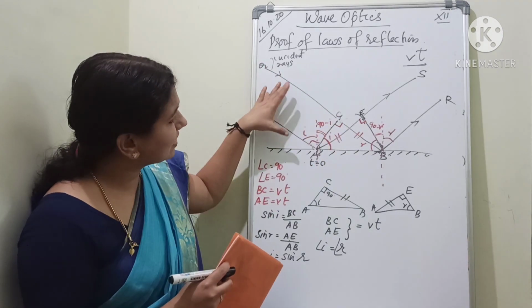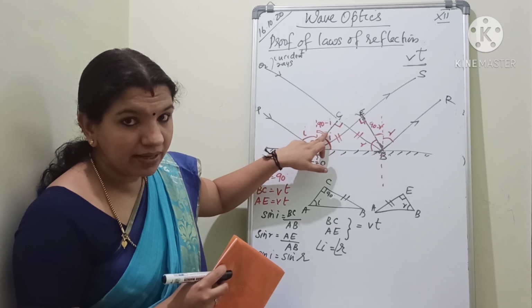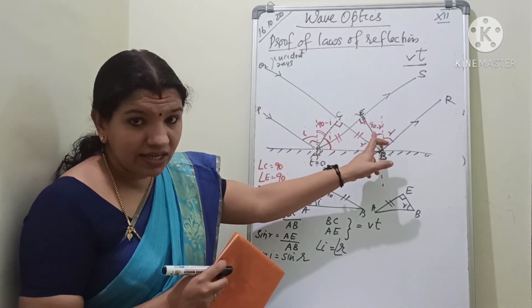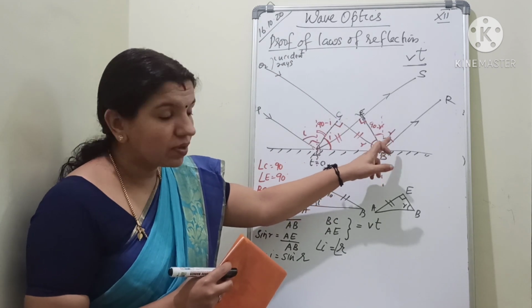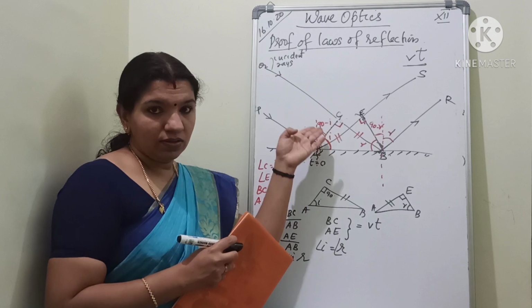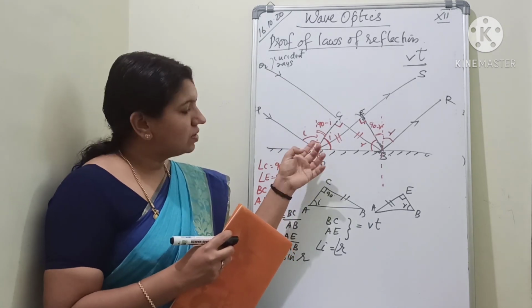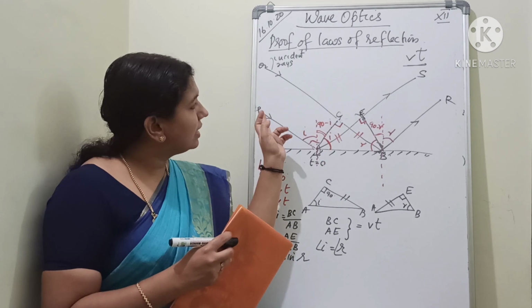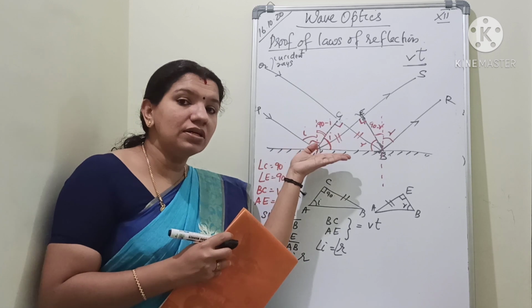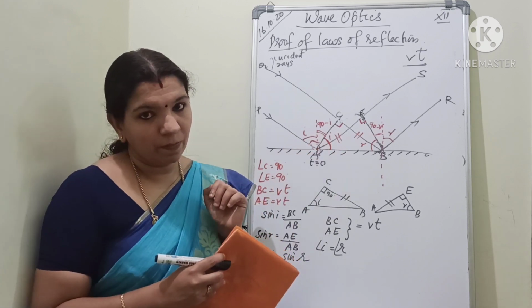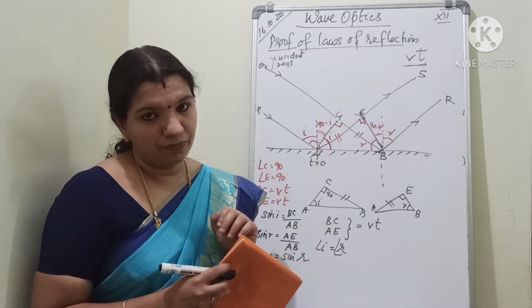Yes, the incident ray is perpendicular to the incident wavefront. Am I right? Then the reflected wavefront and reflected rays are perpendicular. Also the normal is perpendicular to the surface. So now you can say that the incident ray, reflected ray and the normal lie on the same plane. Understood? So thus we proved the laws of reflection.